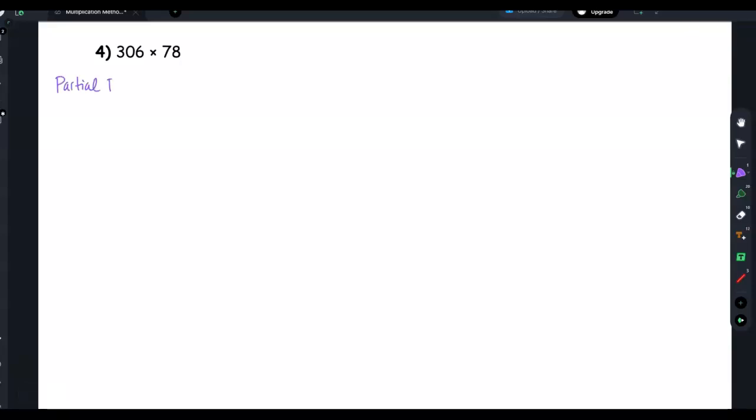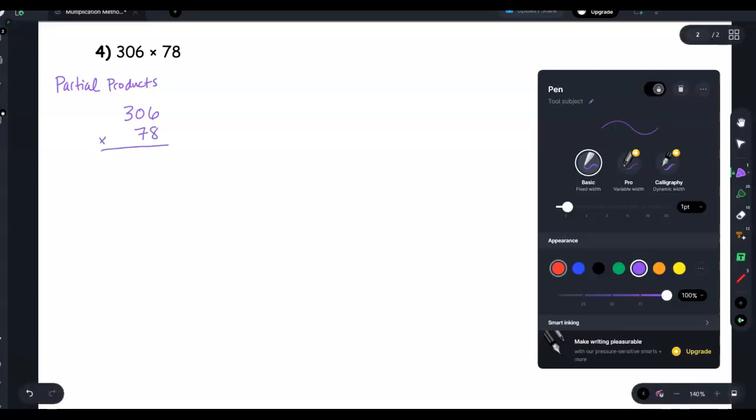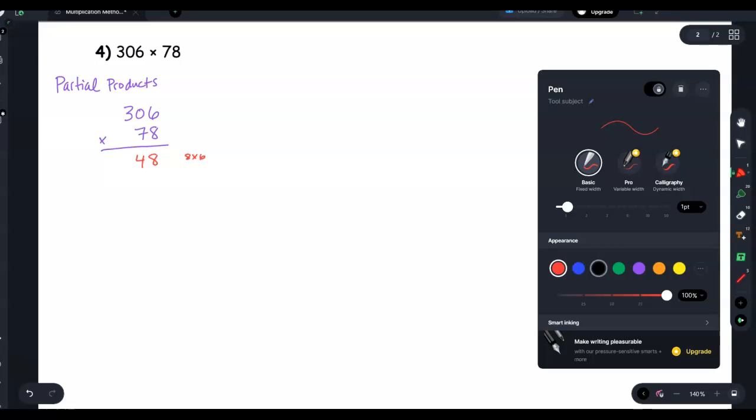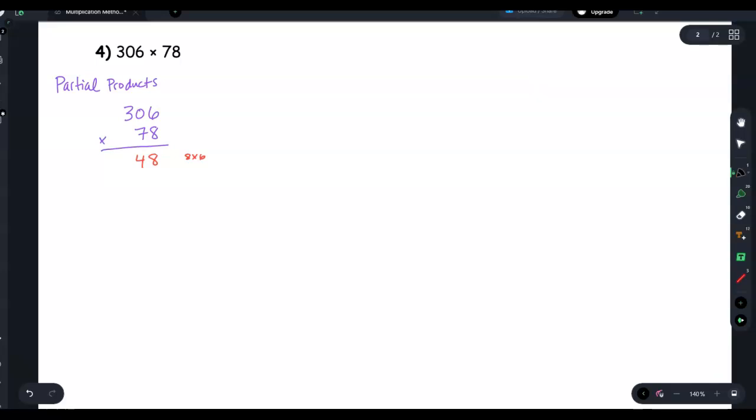Let's start with partial products and do 306 times 78. I'm going to start with 8 times 6, which is 48. Next, I'm going to go ahead and do the 8 times the 0.